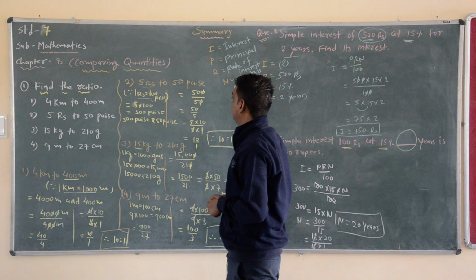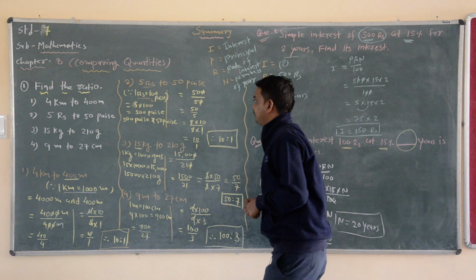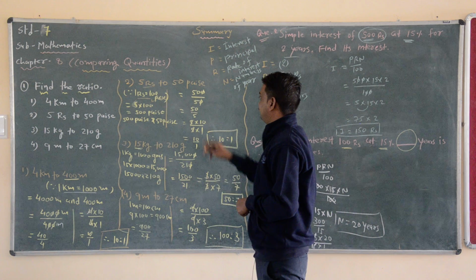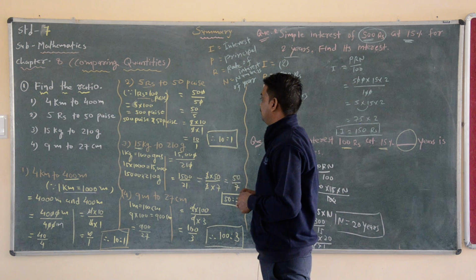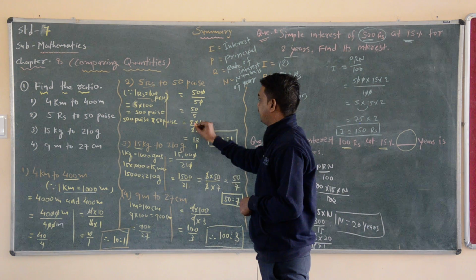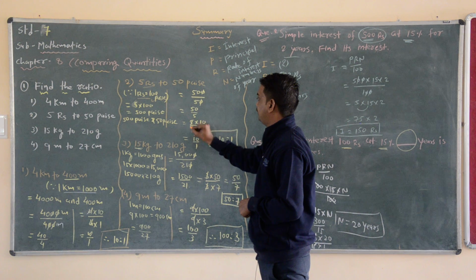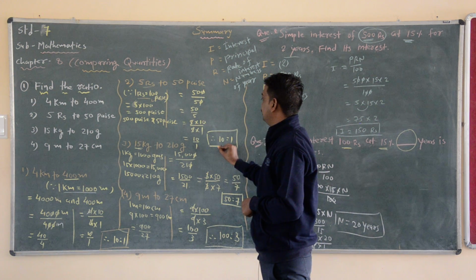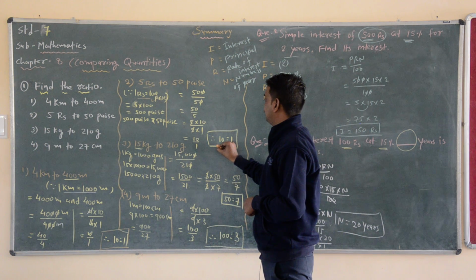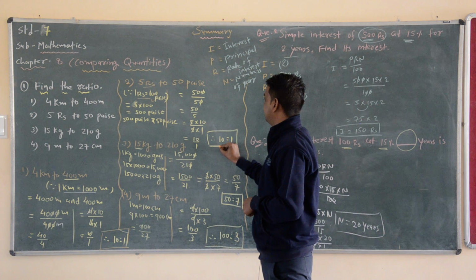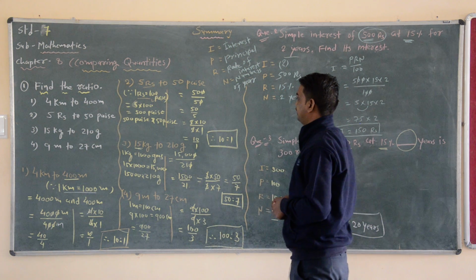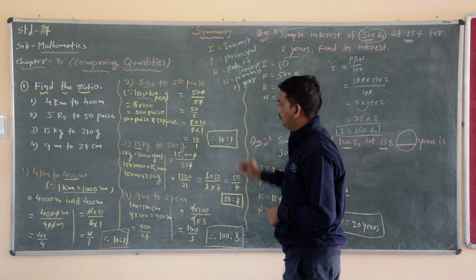The factor of 50 is 5 multiplied by 10, and 5 is 5 multiplied by 1. The same number cancels, so 5 cancels 5, and we get 10 upon 1. The ratio of 5 rupees to 50 paisa is 10/1.